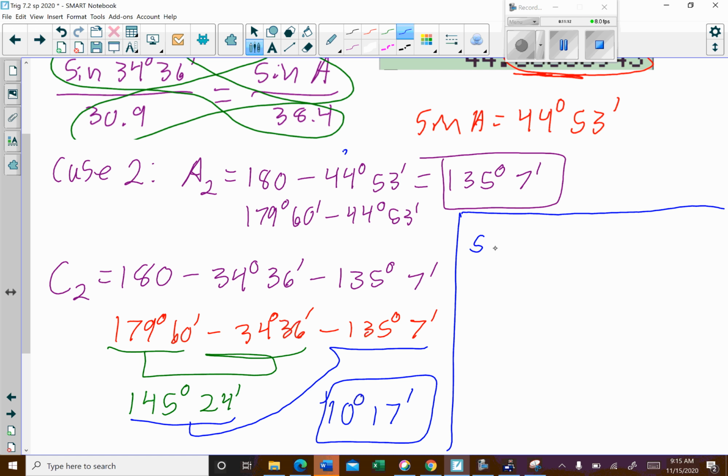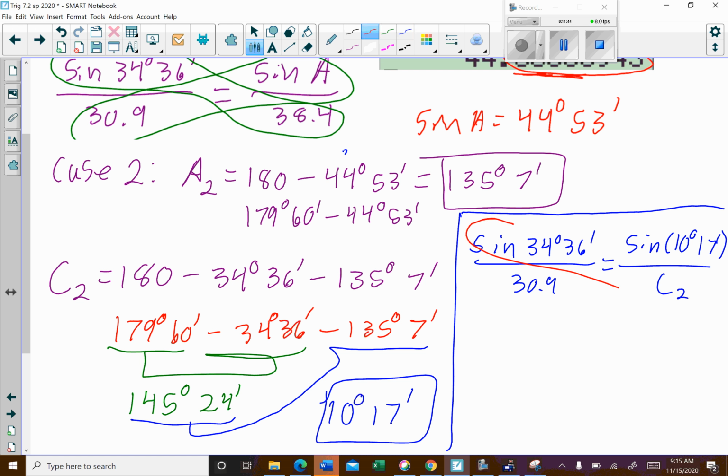And so once again, we're going to use the original information we know about angle B and side B. So sine of 34 degrees, 36 minutes over 30.9. And then over here, we're going to do sine of 10 degrees, 17 minutes, and then all over side C. So I'll put it as C2 for side C of our second triangle.